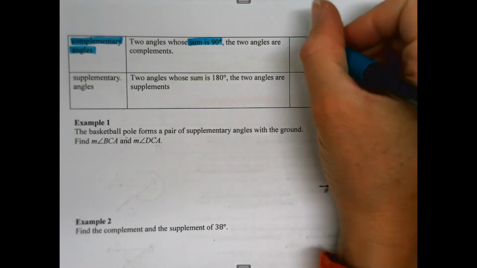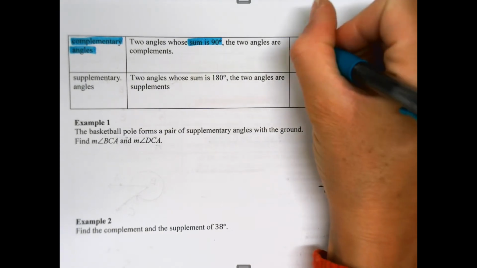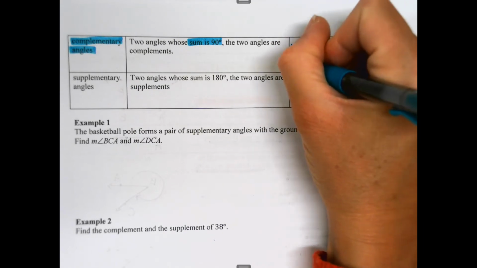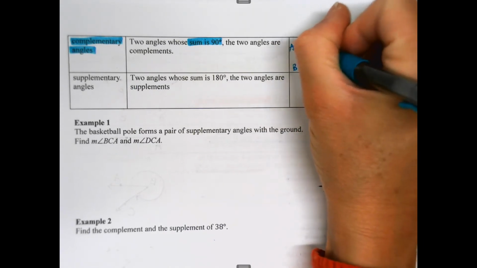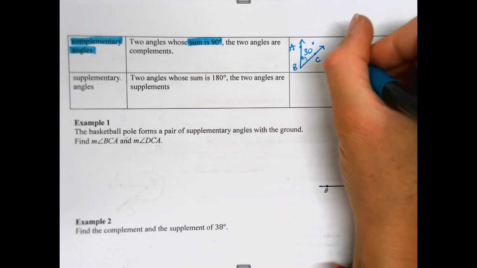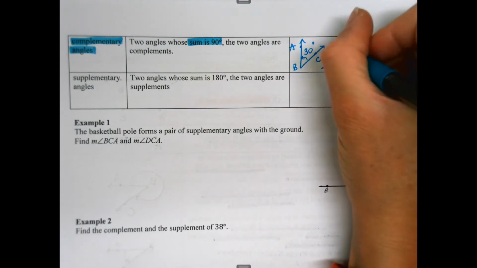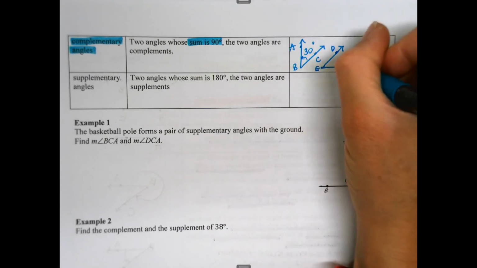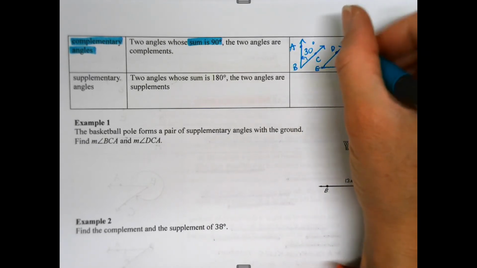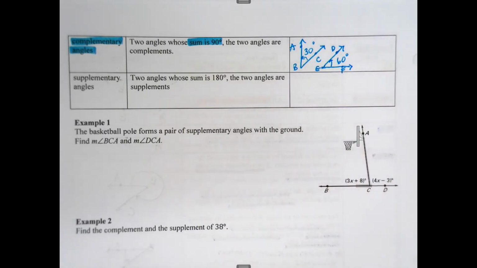For example, if we have one angle, angle ABC, that is 30 degrees, and we have another angle, angle DEF, that is 60 degrees, we would consider those to be complementary angles because they add up to 90 degrees.